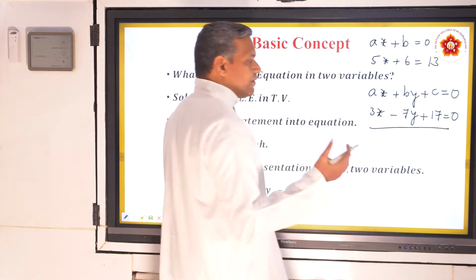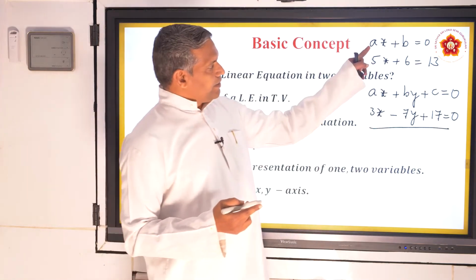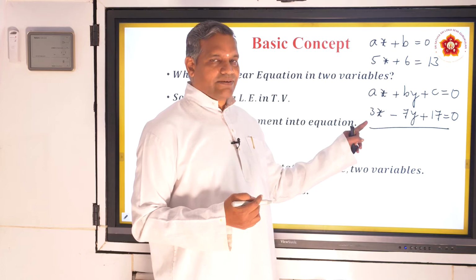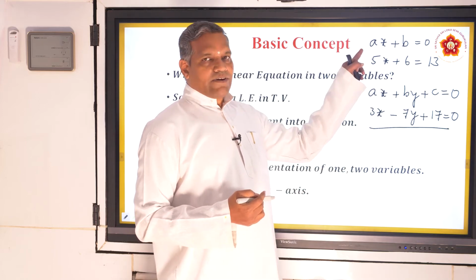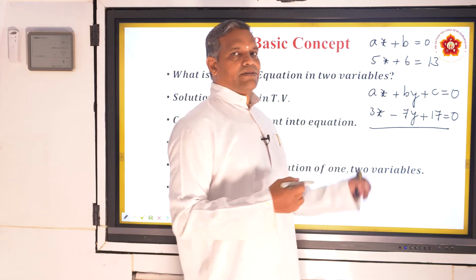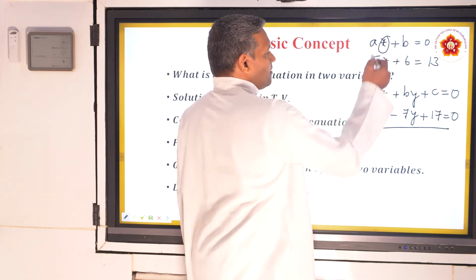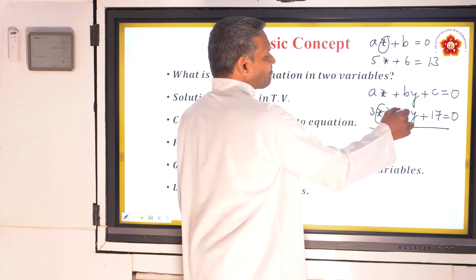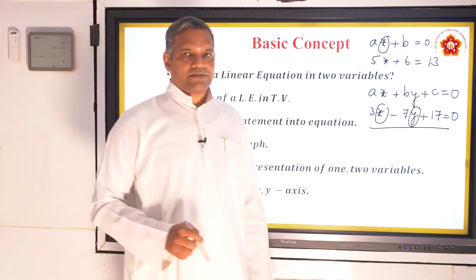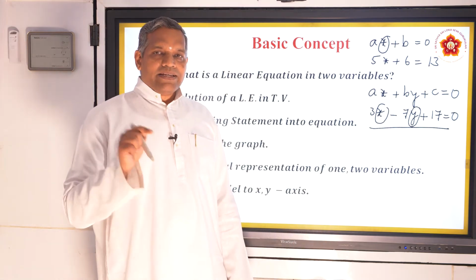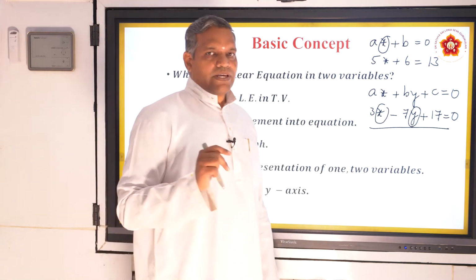Now, if you look at what you learned earlier and what you are learning now, earlier you learnt only one variable, of course x. Here in 9th what you will have? x also, y also. That is the reason you call it linear equations in two variables.